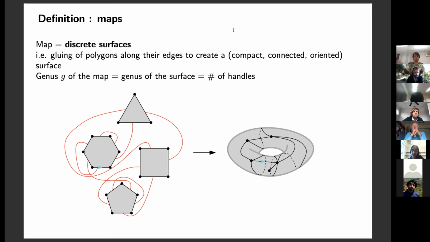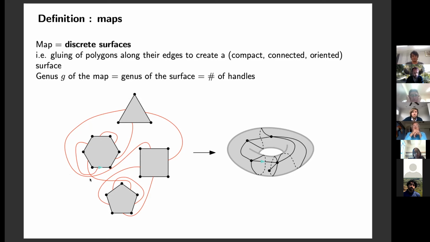So for me, any two triangles are the same, etc. Like any pentagon is the same. So all I get, basically a map is just, as you can see on the left of this picture, a collection of polygons and a way to glue edges two by two. And in particular, this is just combinatorial data. So given a set of polygons, there's a finite number of maps that you can create.